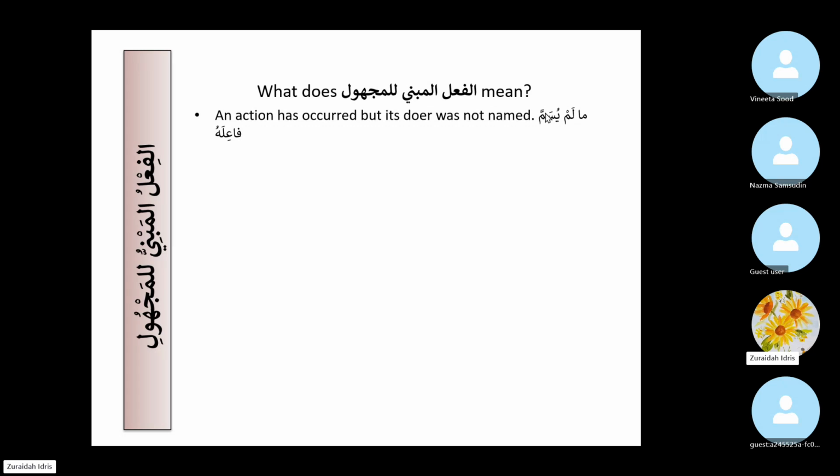And why is it yusamma? Because it's lightest, and this is majhul. Yusamma is majhul. So if this had been the normal mudari, what would it have been for huwa?